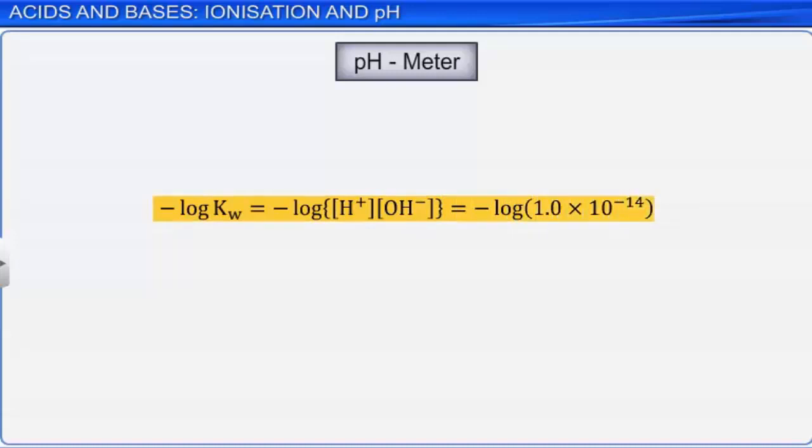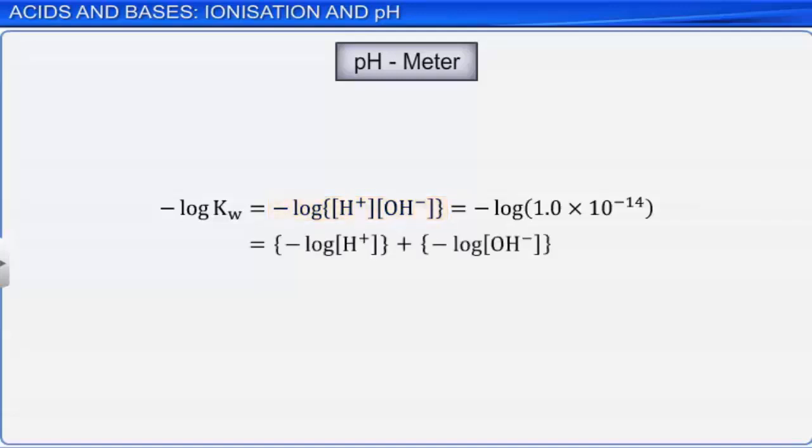Negative log of [H+][OH-] can further be written as negative log of H+ ion concentration plus negative log of OH- ion concentration. This is equal to negative log of 10 to the power of -14.